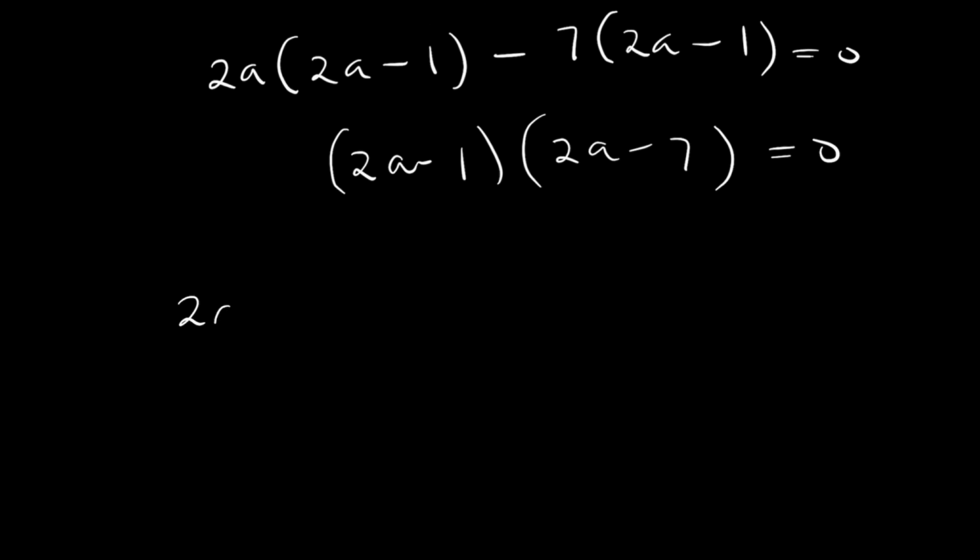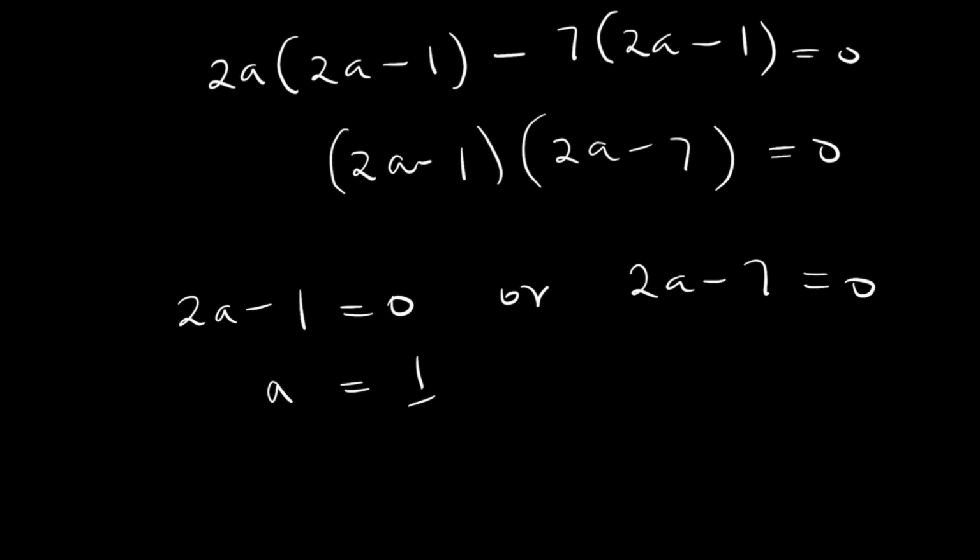This implies that 2a minus 1 is equal to 0, or 2a minus 7 is equal to 0. From the first equation, we can solve for a, which gives us 1 over 2. And from the second one, if we solve for a, we get 7 over 2.